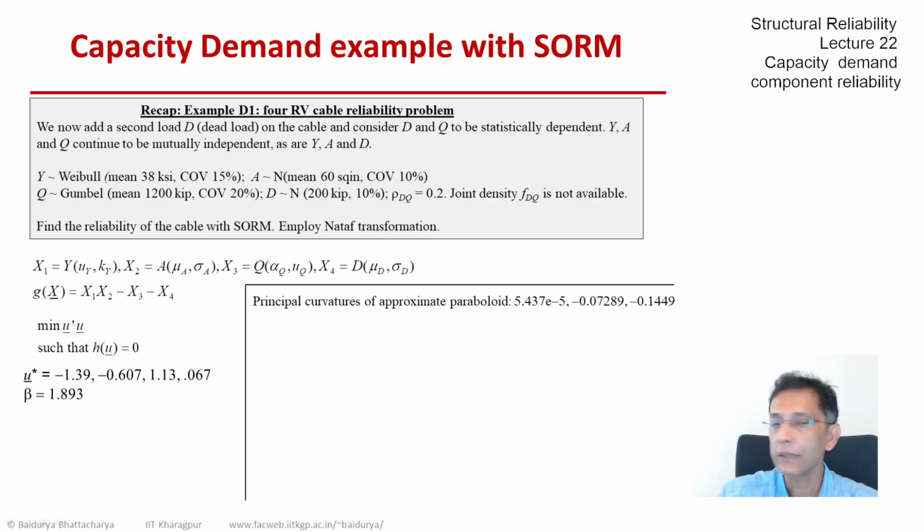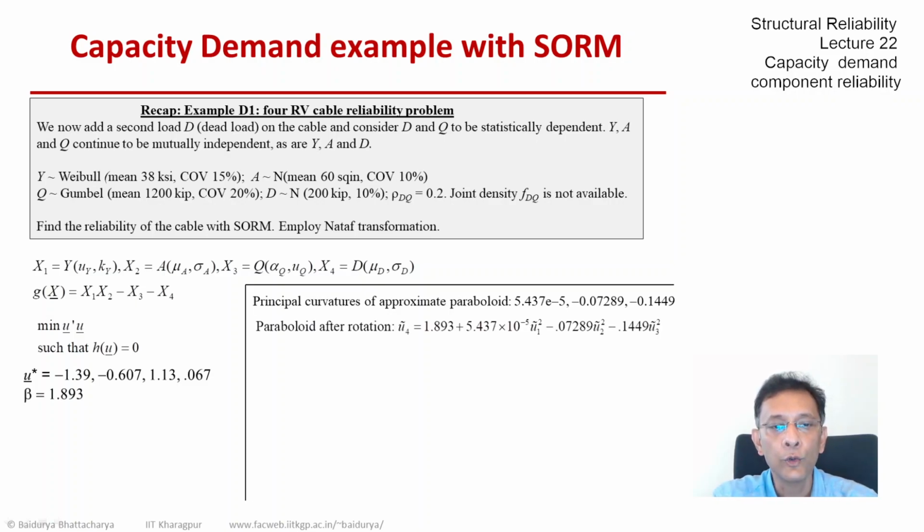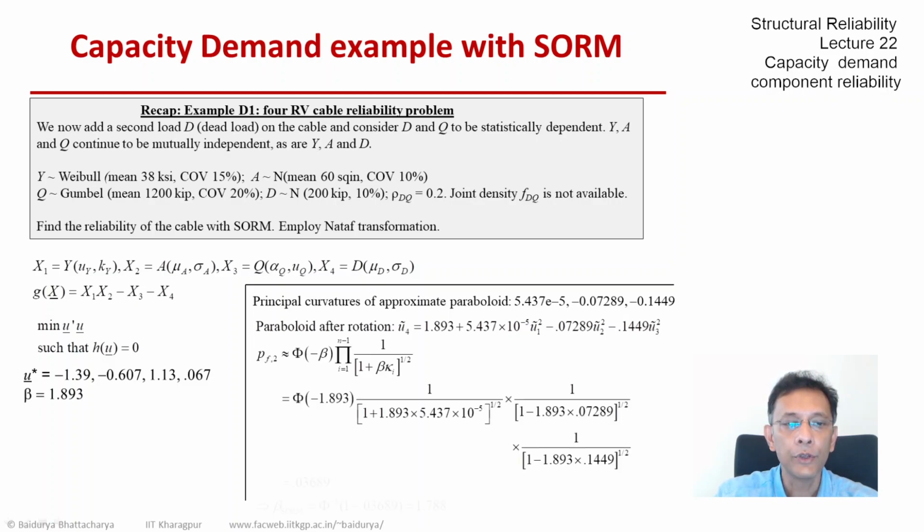So that gives us an equation of the paraboloid in terms of u1 tilde, u2 tilde and u3 tilde, drawing a surface above the u4 tilde axis, if you will. And this gives us the 3 principal curvatures that we can use to get the correction factors.